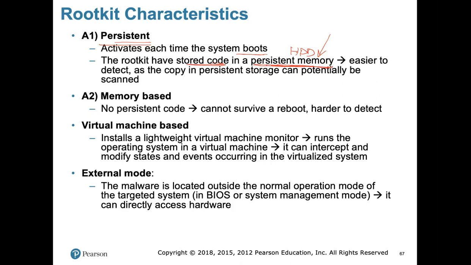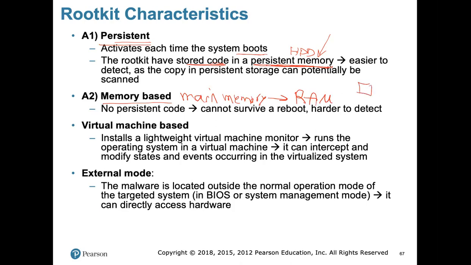In contrast, we may have rootkits that are memory based. Of course, when we say memory here, we are talking about main memory, which refers to the RAM you have in your computer. Some rootkits are in fact processes. There are some processes in the main memory.